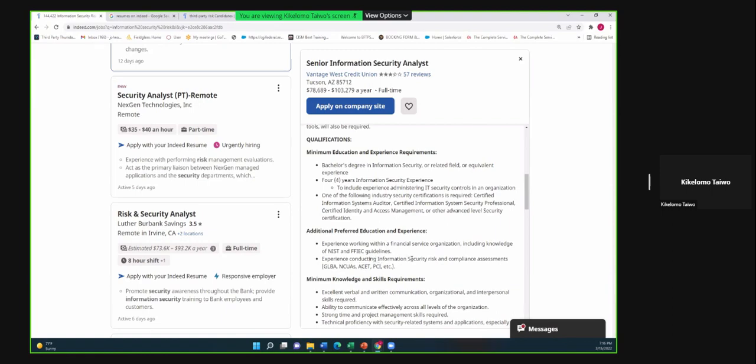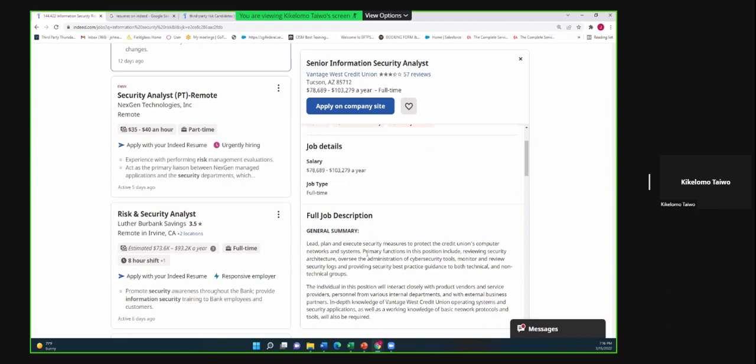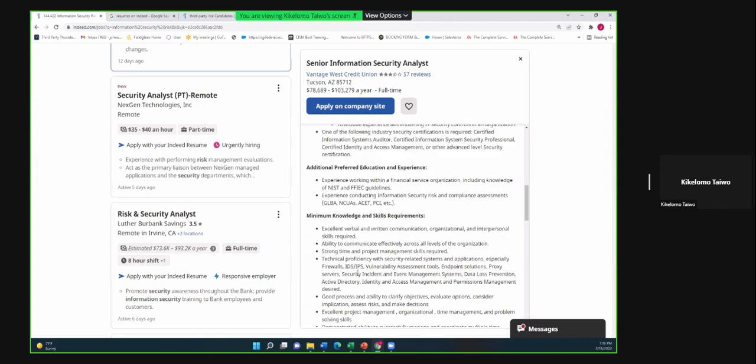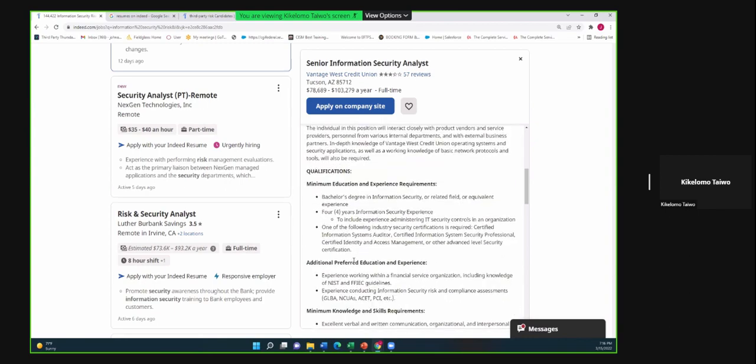When I see compliance, information security risk and compliance assessment, I still apply. Don't worry about other things in there. When you send your resume to them, they'll see your resume.